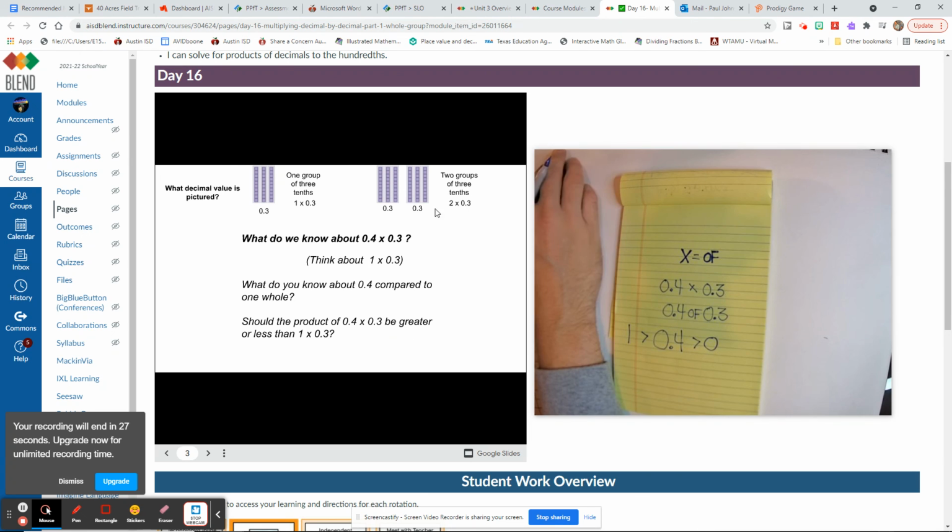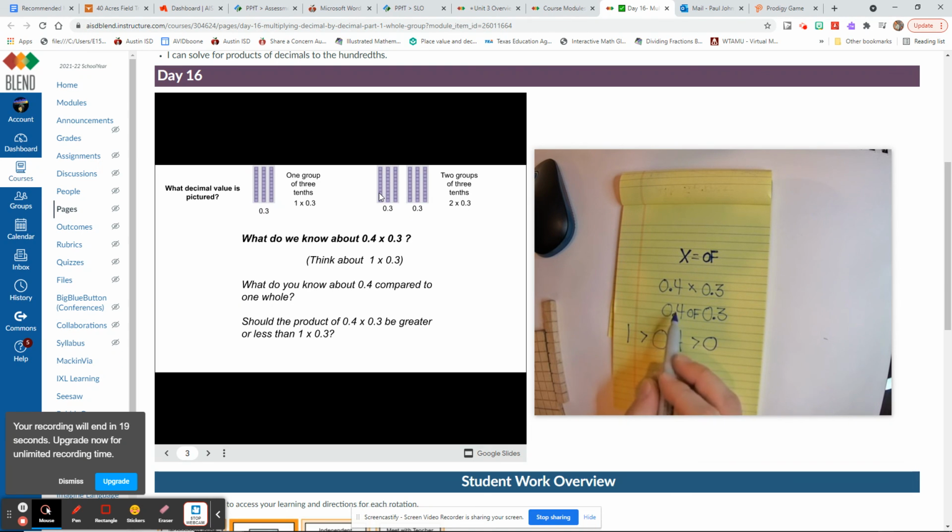Like we just said, if 1 is greater than 4/10 and 4/10 is greater than 0, then 3/10 times 4/10 should be somewhere between 0 and 3/10. So the product would be less than the product of 1 times 3/10.